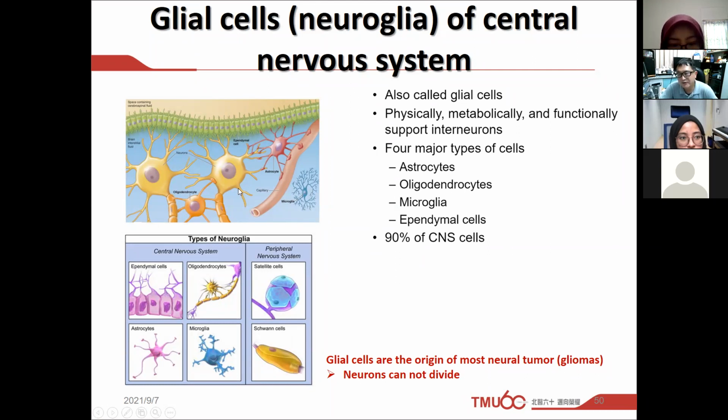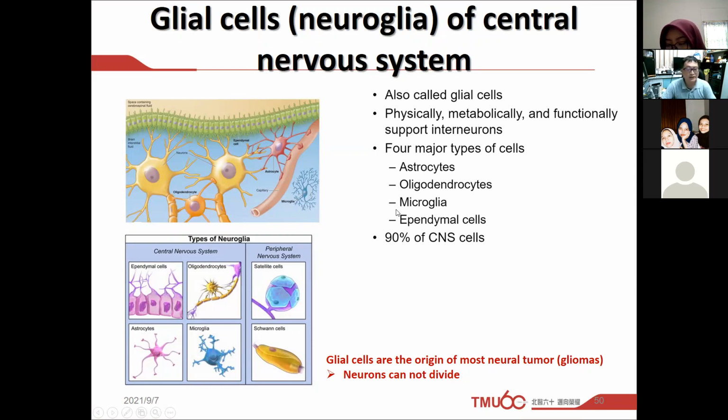It's very important for protection. They make a structure to protect our CNS cells. Another one we mentioned previously, oligodendrocytes. Like Schwann cells in the peripheral nervous system, they form the myelin sheath to protect the membrane of nerves.